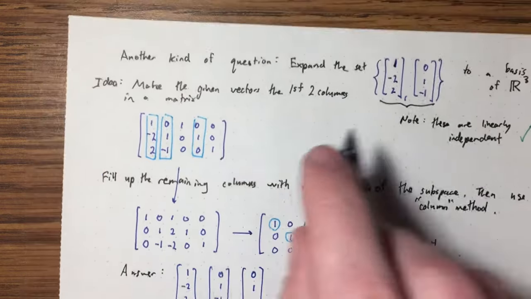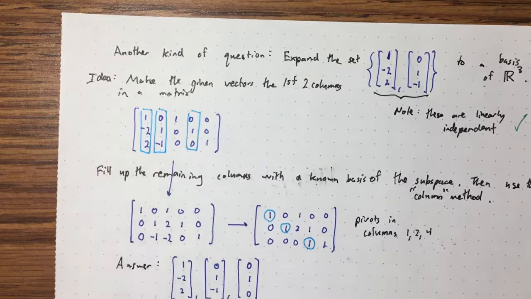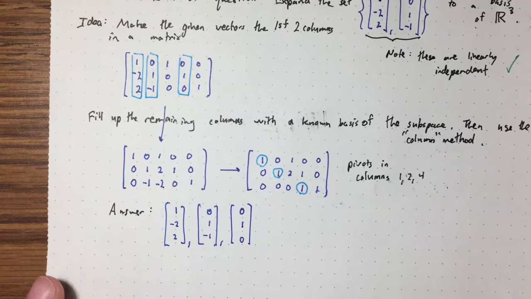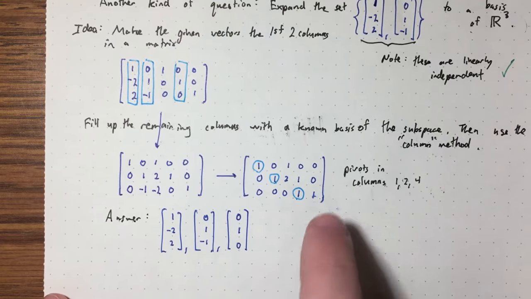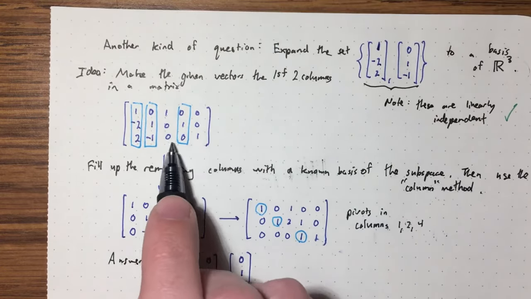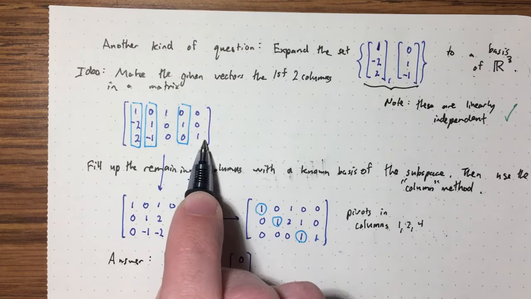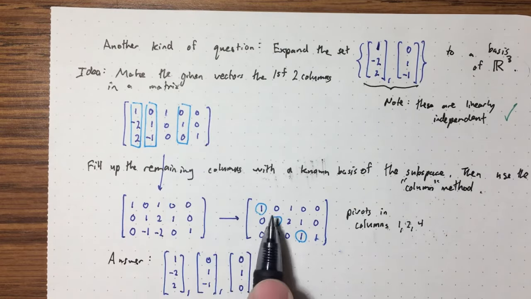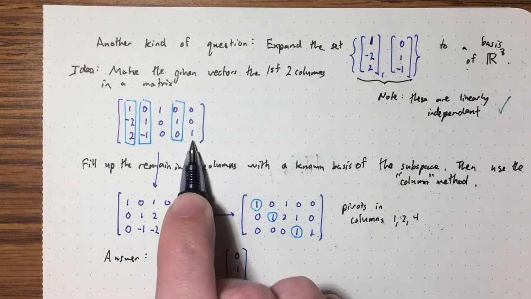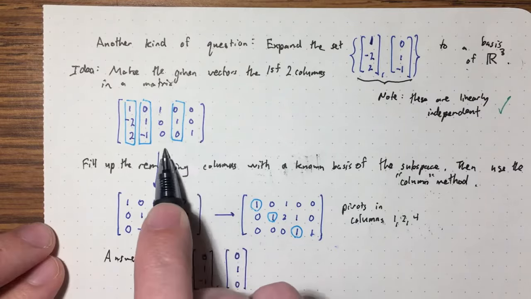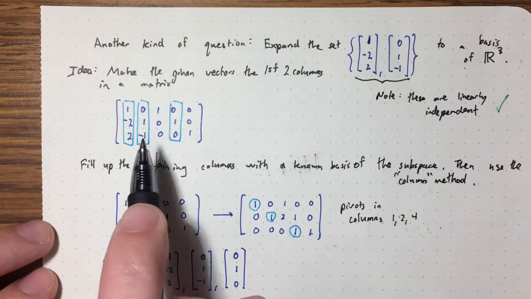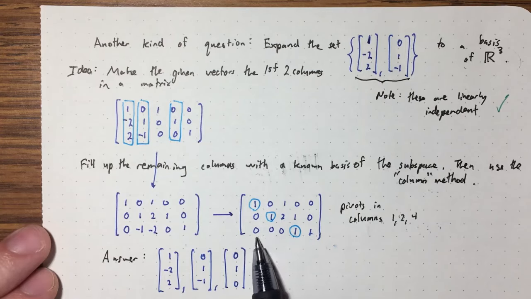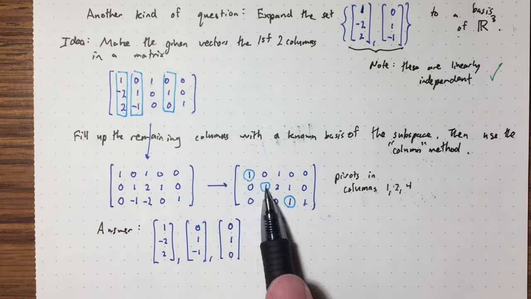Why did we have to make our two vectors the first two columns in the matrix? Well, what if we made these three the first three columns? Then we'd just get three pivots there, 1, 1, 1. And it'll tell us to take these three vectors, which is great. I mean, that is a basis of R3, but it does not include the first two. So that's why we stuck our first two in as the first two columns, because we definitely wanted pivots there.